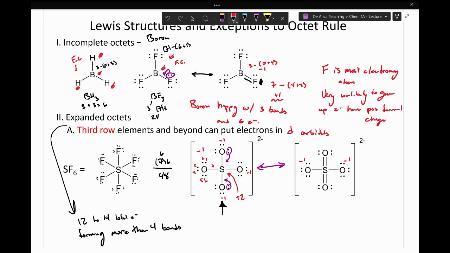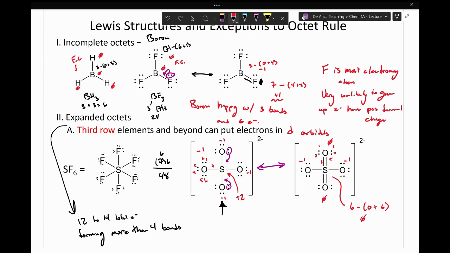The 2 oxygens that did change now have 1, 2, 3, 4, 5, 6 electrons. Oxygen wants 6 electrons, so this has a formal charge of 0. Same is true here. And then our sulfur wants 6 electrons. It has 0 lone pairs, but now it's forming 6 bonds instead of 4, and so this has a formal charge of 0 as well.